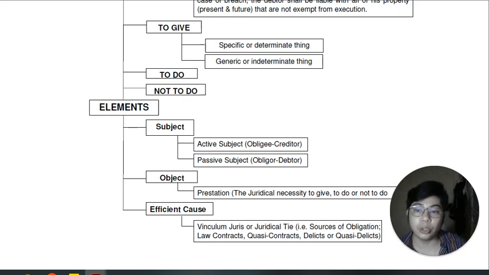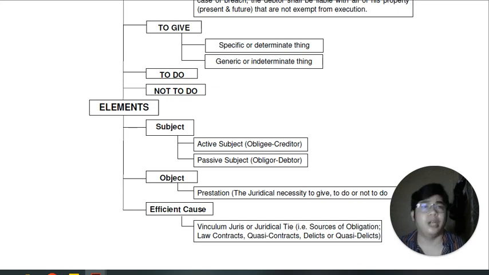A contract is just one source of an obligation. These limitations are understood in relation to capacity to enter into a contract. We will also dwell on this in later topics when we get to contracts. Let's say, for example, the fact that a person is insane will not prejudice the creation of an obligation from another source, a source other than the contract.